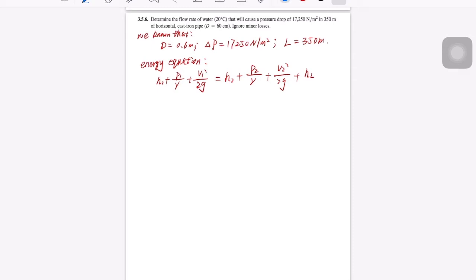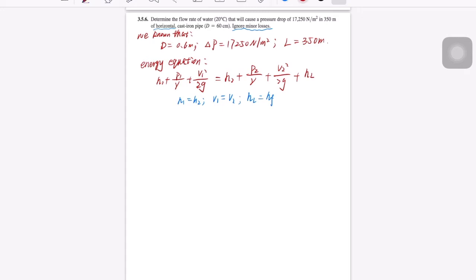And then because this is a horizontal uniform pipe, H1 equals H2, V1 equals V2. And we ignore the minor losses, so the loss of head just equals the friction head loss.